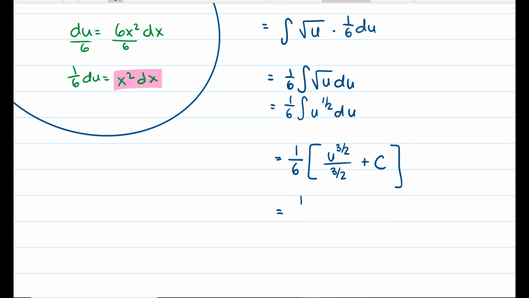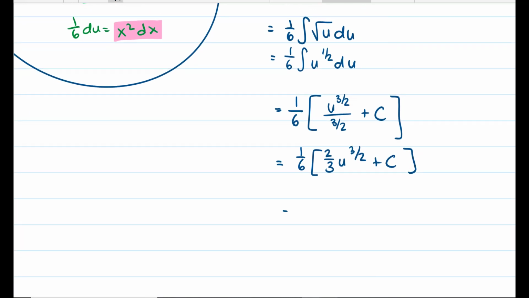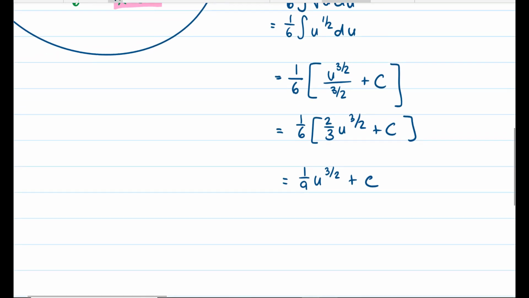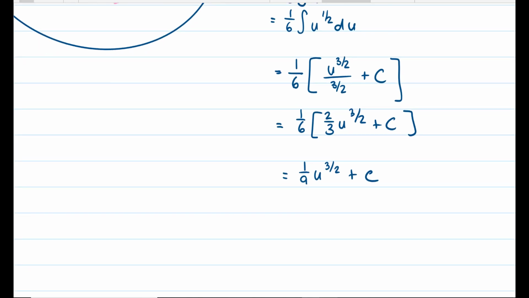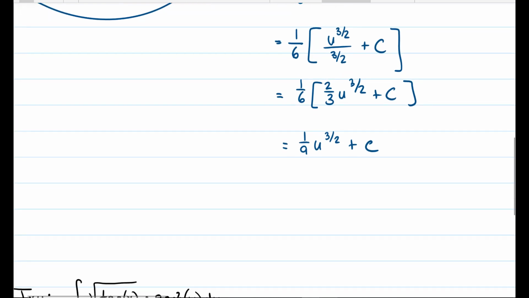So you get 1/6 times 2/3 u to the 3/2 plus c. I'm going to distribute that 1/6, and I'm going to get 1/9 u to the 3/2 plus c. Now the reason that I don't have to write 1/6 times c is that 1/6 times the constant is just a different constant.